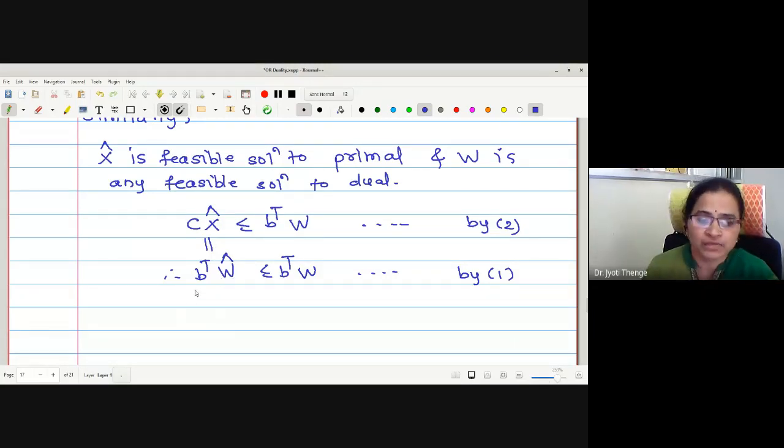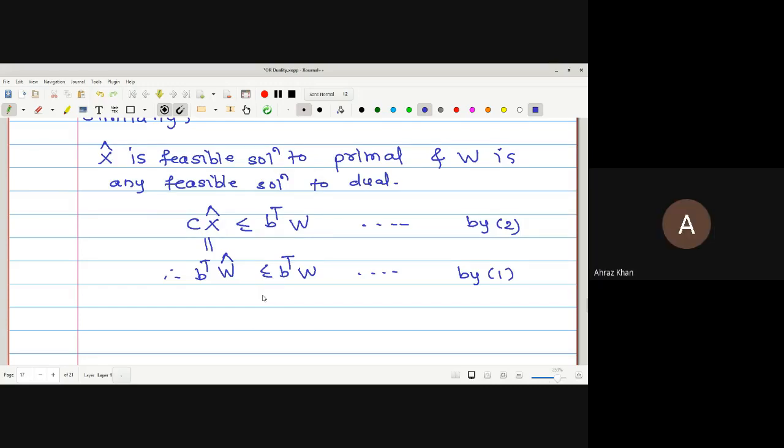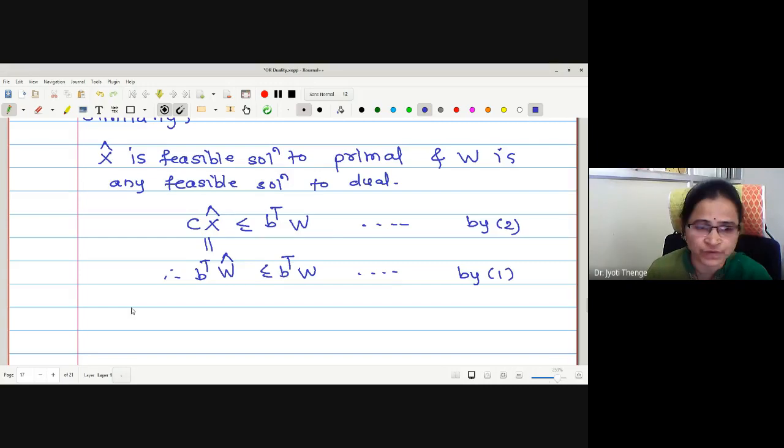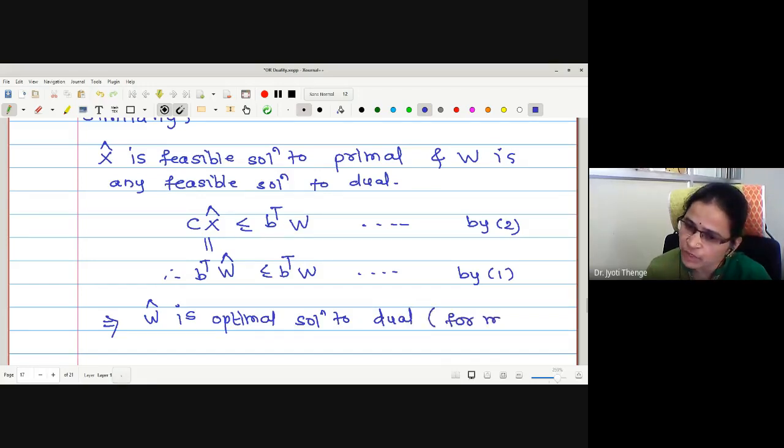Now look at this. The value of the objective function of the dual at W cap is less than or equal to its value at any feasible solution W. Whenever we are dealing with the dual, the objective function is of minimum type. Therefore, W cap gives the minimum objective function value compared to any other feasible solution W. Therefore, W cap is an optimal solution to the dual, for a minimum problem.